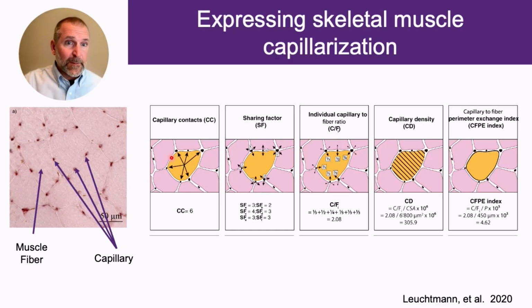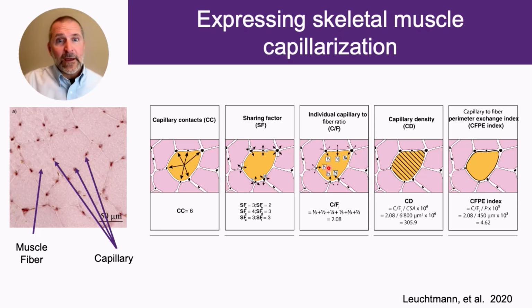The first is simply capillary contacts, which is counting the number of capillaries that touch each muscle fiber. Another common method is the capillary to fiber ratio. You can see that each capillary is touching more than one muscle fiber, so it's not a one capillary to one muscle fiber ratio.